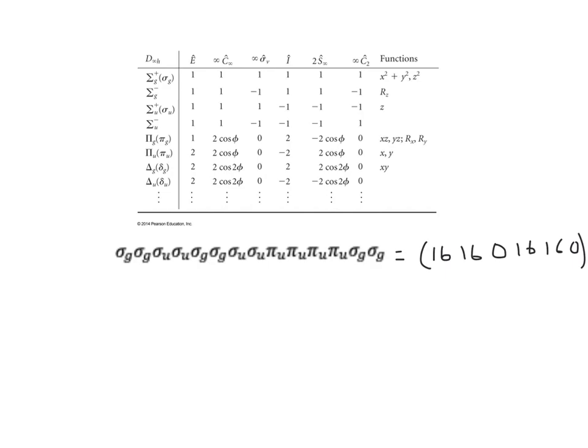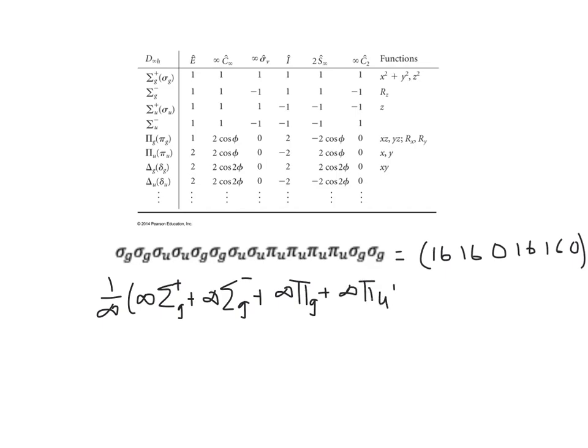So we have 1 over infinity times an infinite number of sigma plus g plus an infinite number of sigma minus g plus an infinite number of pi g plus an infinite number of pi u plus and so on. So the overall symmetry of this ground state consists of sigma plus g terms, sigma minus g term, a pi g term, a pi u term, plus some higher order terms.